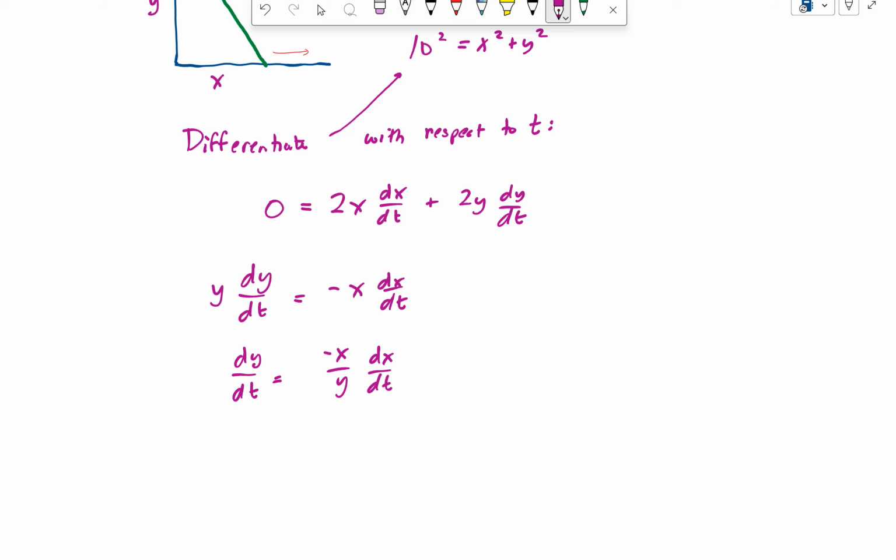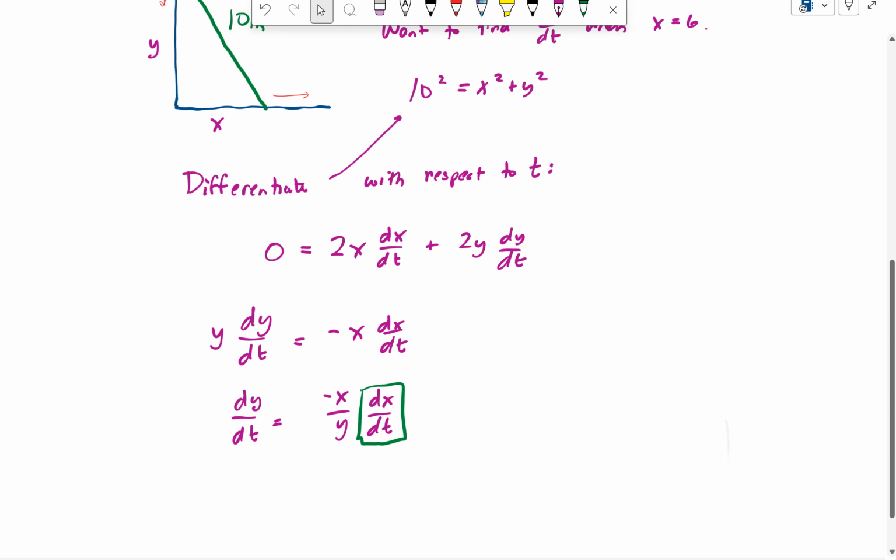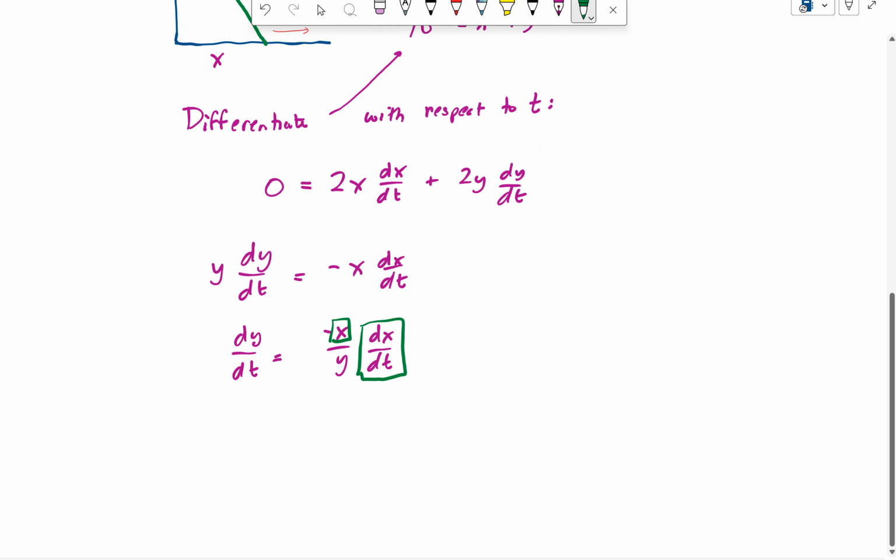So now we want to look at this and say, okay, what do we know? I know what dx/dt is, and I know I want this when x is equal to 6. So I know what x is. It's y that I don't know yet. Otherwise, I could just plug everything in. But we can use that equation for the Pythagorean theorem where 10 squared is equal to x squared plus y squared. So when x is equal to 6, I get 100 is equal to 6 squared plus y squared.